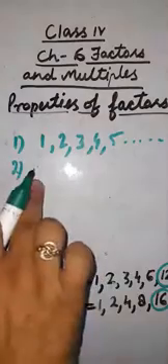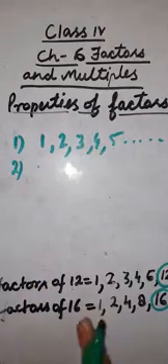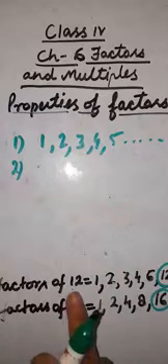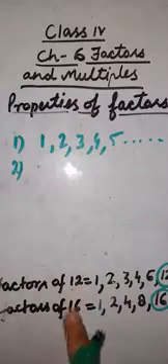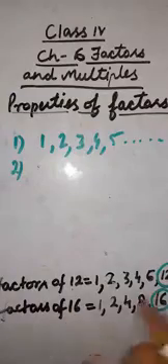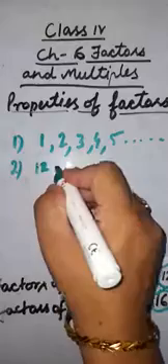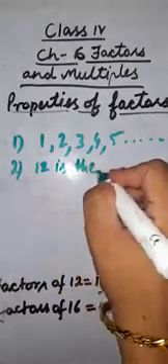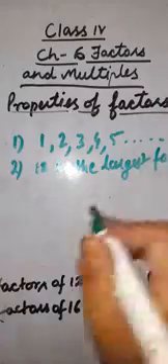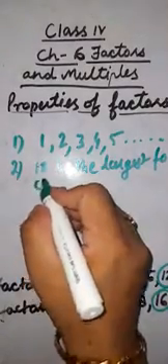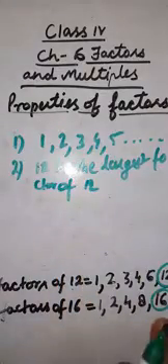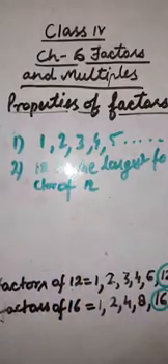Property number 2 is a number is its own largest factor. Just look at the example of 12 and 16. So 12 is the largest factor of 12, and 16 is the largest factor of 16.